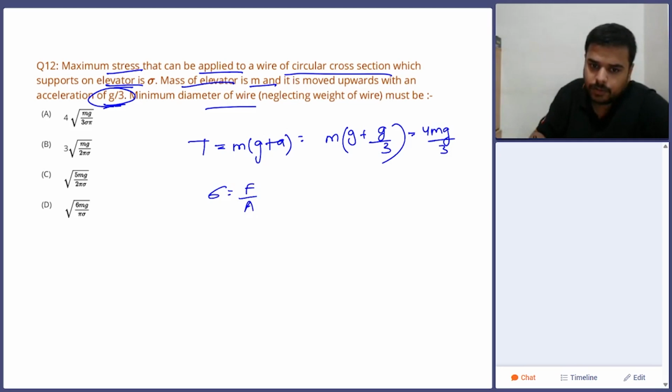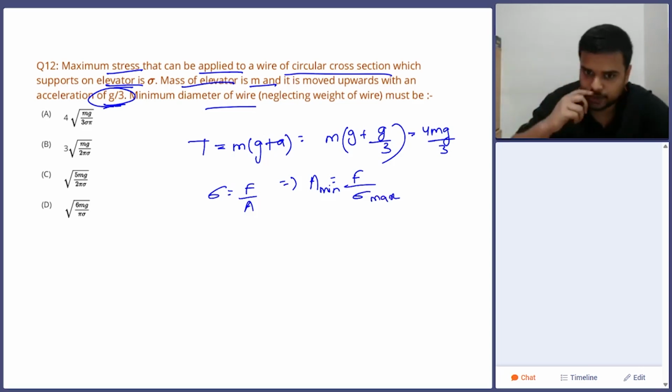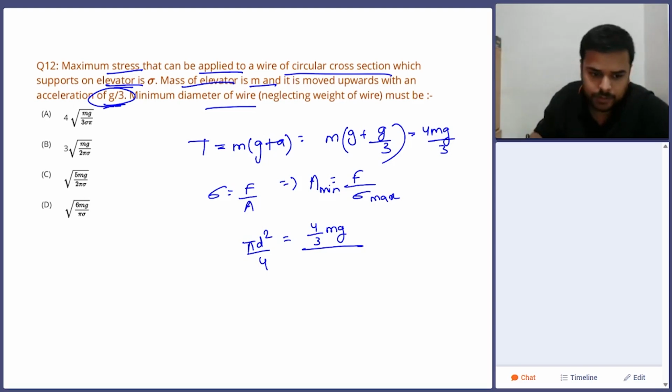Sigma is force upon area, right? So that means area will be equal to force upon sigma. So if area needs to be minimum, sigma needs to be maximum, because they are inversely proportional to each other, right? So area is pi d square by 4. Force is 4 by 3 mg, which is the applied tension force, and this is your sigma. Okay.